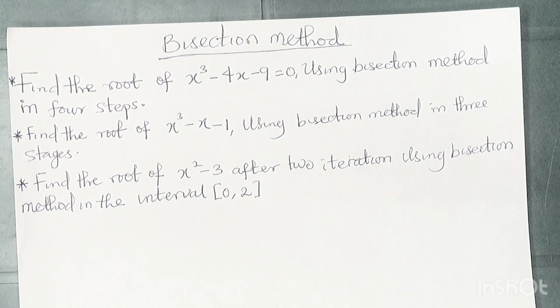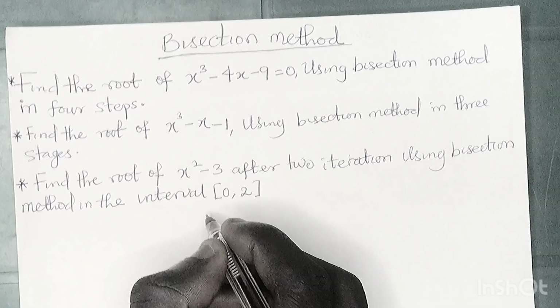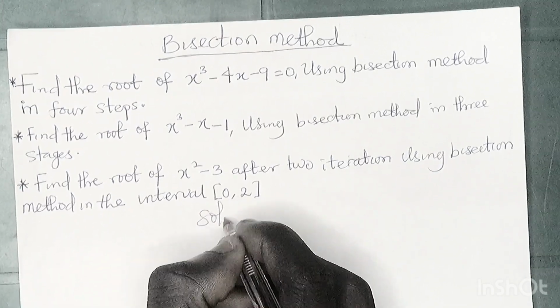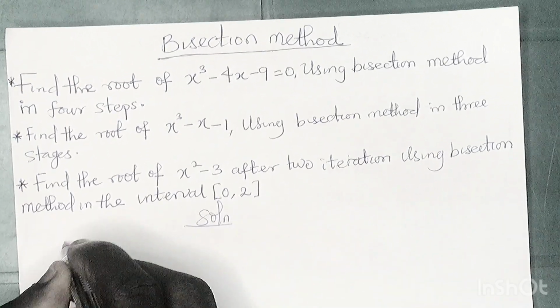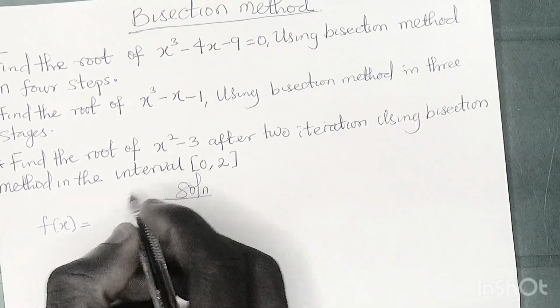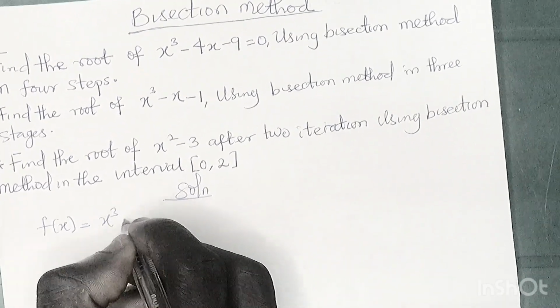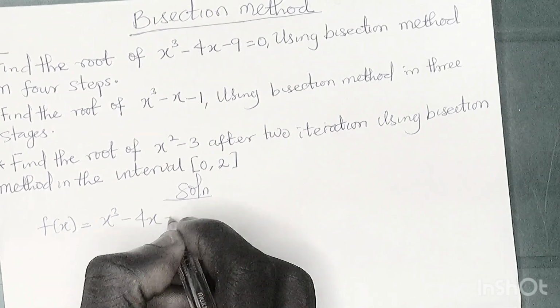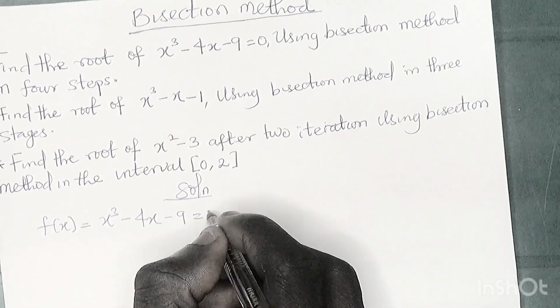The first thing you need to do is write your solution. So we have f of x equals x raised to power 3 minus 4x minus 9 equals 0.